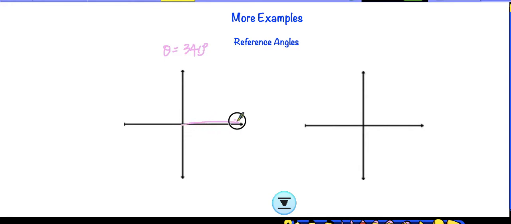We're starting with the initial ray, positive side of x-axis, and since this is a positive angle, we go counterclockwise. But as you can see, the whole full circle is 360 degrees. This is almost reached that. So we are going to draw a little bit long. We're going to stop here. So this is going to be 340 degrees.